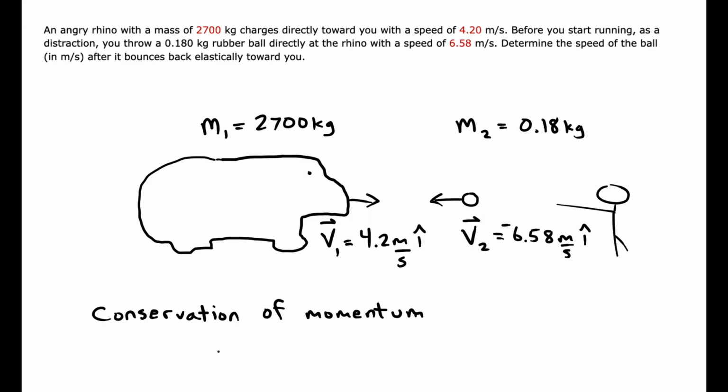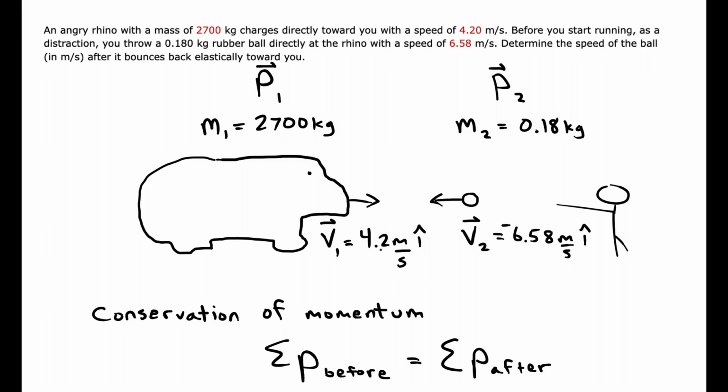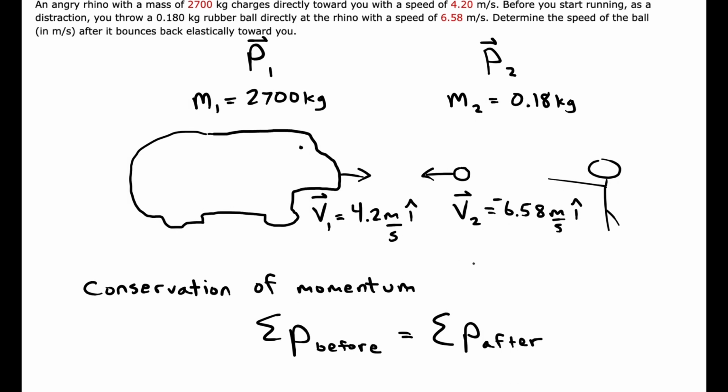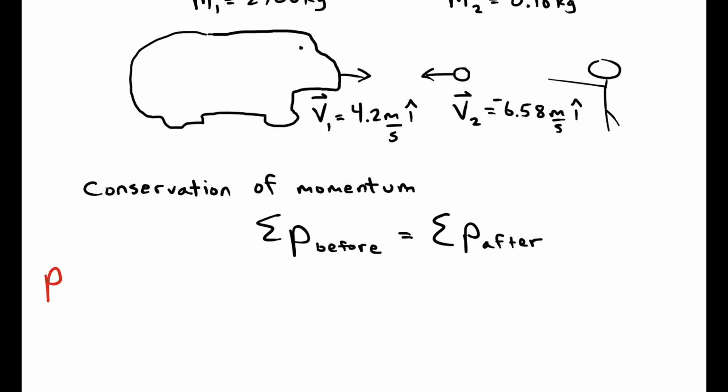Since we're going to have conservation of momentum, the sum of the momentum before has to equal the sum of momentum after. And we saw last time that momentum has a formula: p equals mv. However, momentum is a vector, meaning the direction is important.